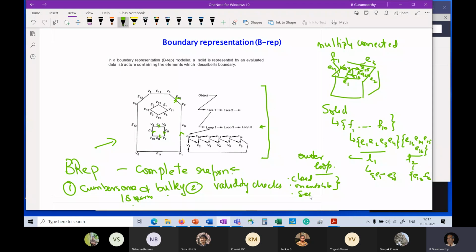But the one that involves the check for whether the surface is self-intersecting or not, as we said, involves intersections. So in this particular example, there were 5 faces, which means 5 into 4, 20, so 10 intersections. And there were how many edges? 8 edges. So that's 28 intersections. And that's only for a simple part like a square pyramid.